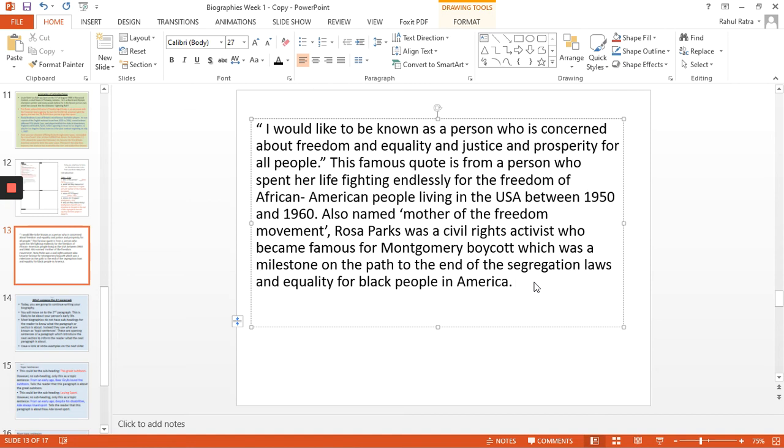Let me think. Oh yes, when I read the fact sheet for Rosa Parks, I remember there is an American holiday celebrated in honor of her work. Let me get that in.